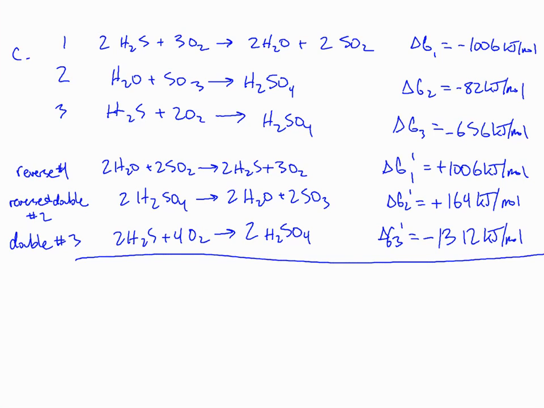And these are the 3 that we add together. Remember, we're canceling things out, so let me change colors. Red. So let's see here. Those. See 3 of these and 1 of these.